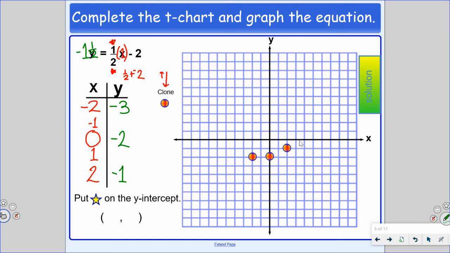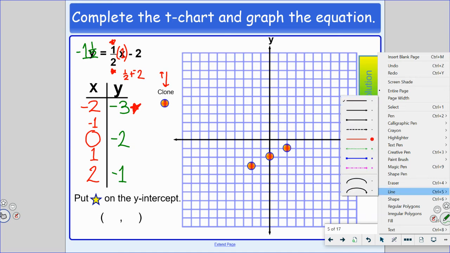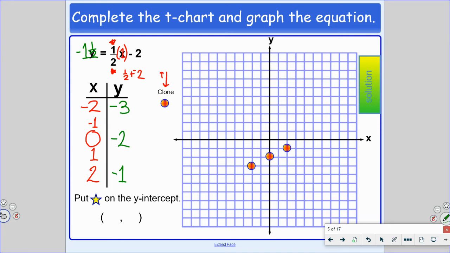Then let me come back here and properly graph -2 to the left, -3 down. Well, look at that. It sure looks like a straight line. And I'm going to draw my graph all the way through and then make sure I draw the arrows.